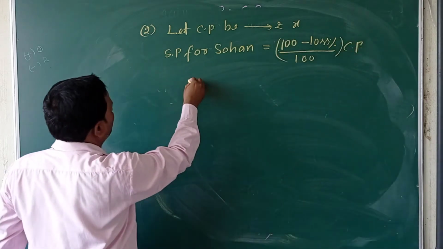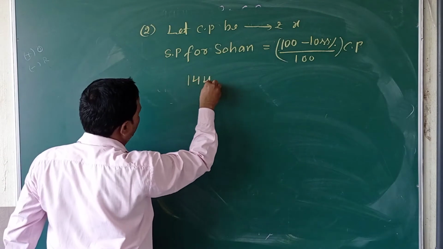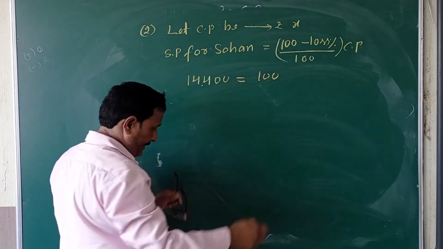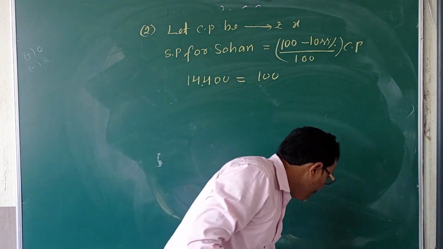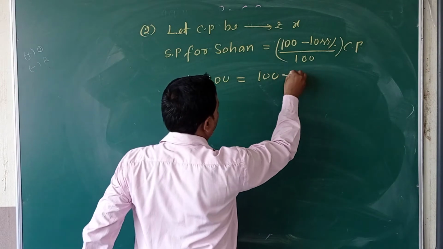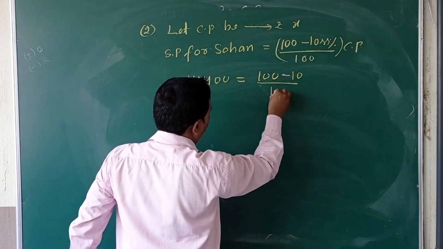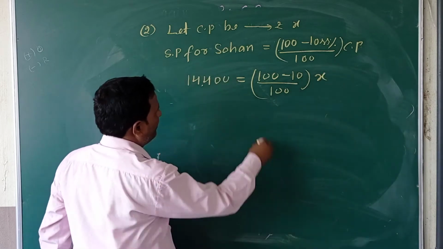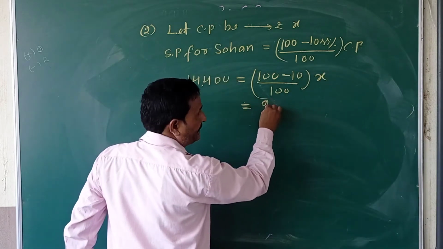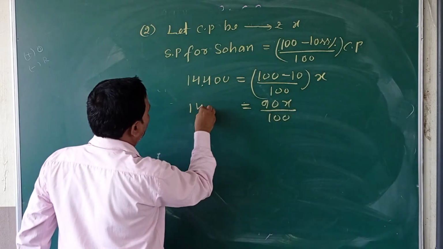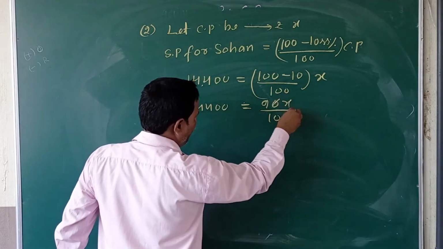Now SP is given 14,400 rupees, and loss is given 10%. So 100 minus 10 upon 100 into CP, which is X. That will be 90X upon 100 equals 14,400.